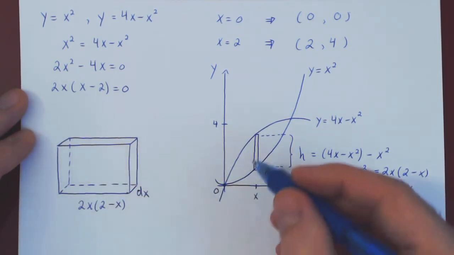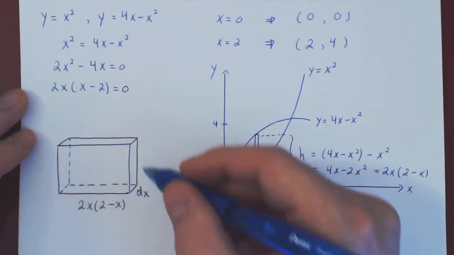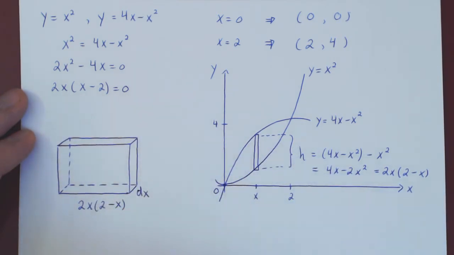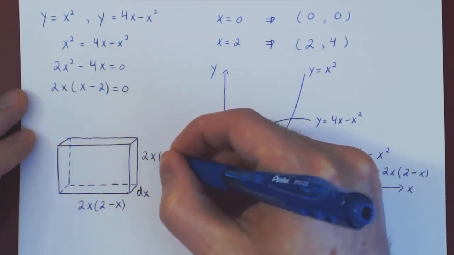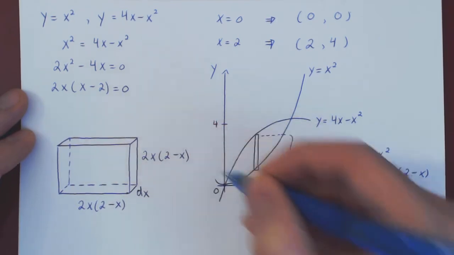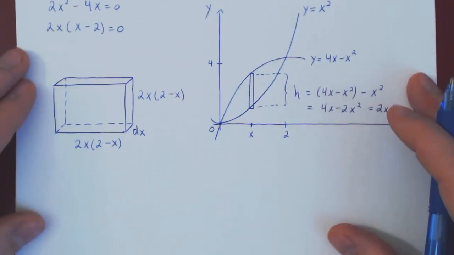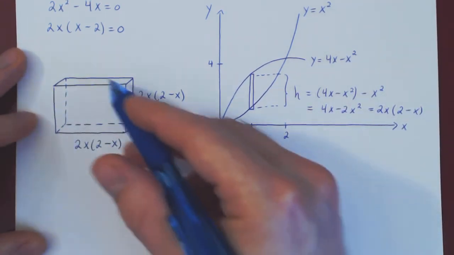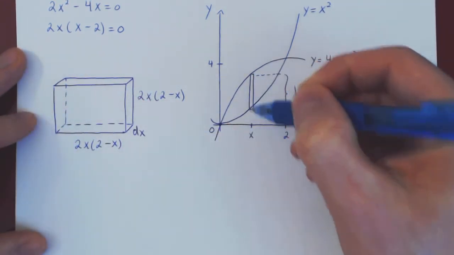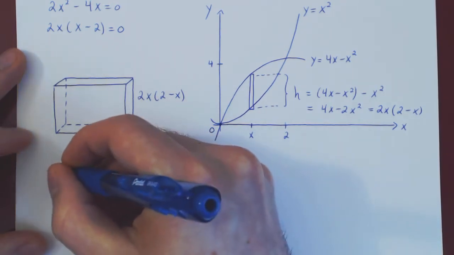But again, as we are erecting squares, the height is also the same, 2x times 2 minus x. And if you think of it, it is quite easy to find the volume of this infinitesimal square, this infinitesimal cross-section of our solid.